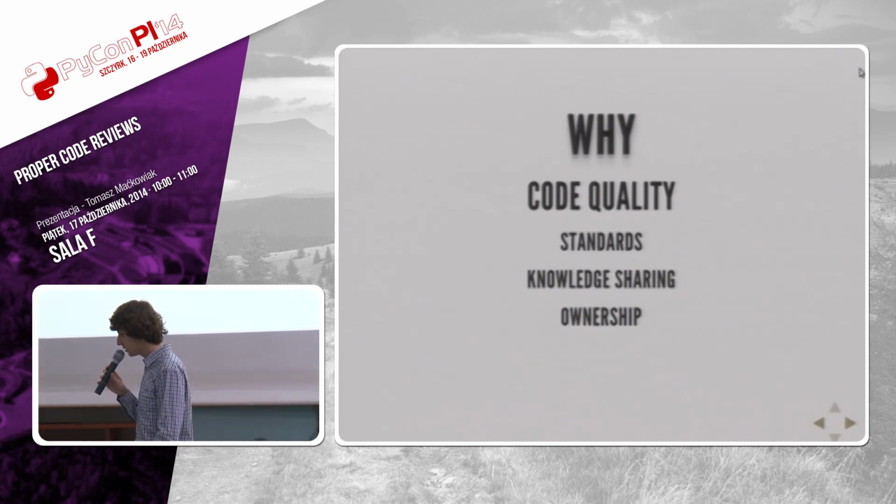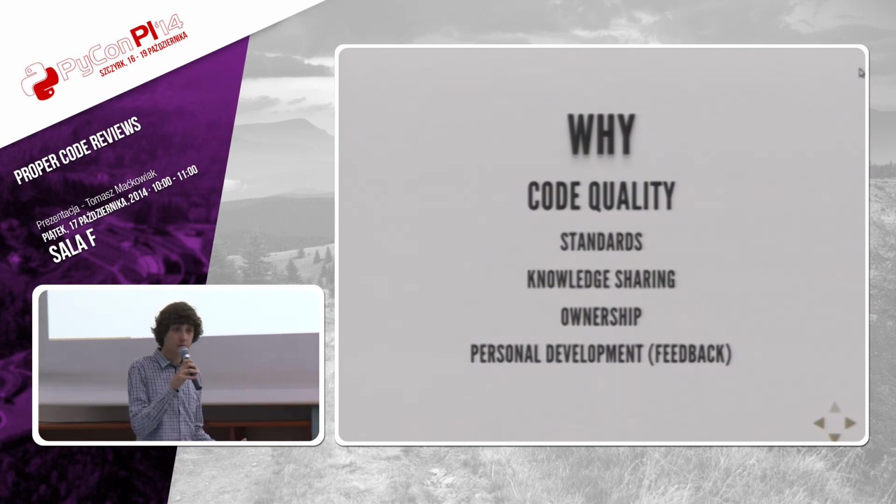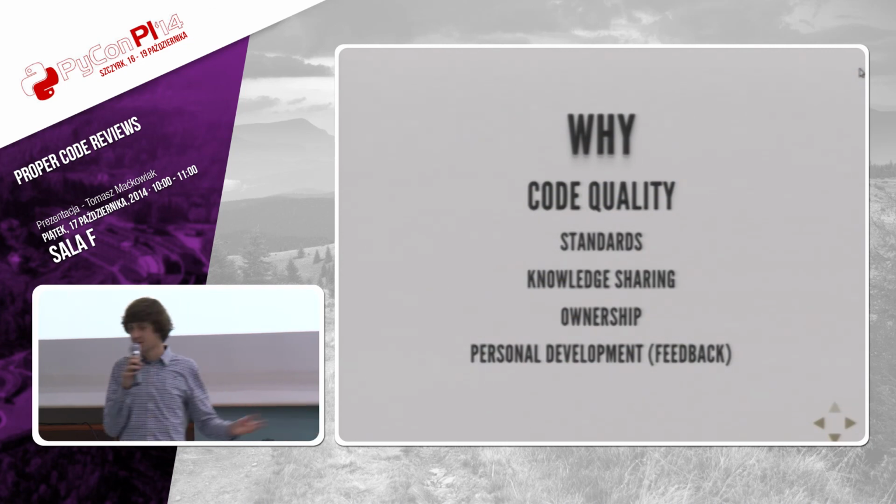Not to mention that they will know what was being done there. They will have some knowledge about the code. It's not like they will dive into something they see for the first time. No, they've seen it, they've probably analyzed it, and they kind of understand it if they said it looks good.